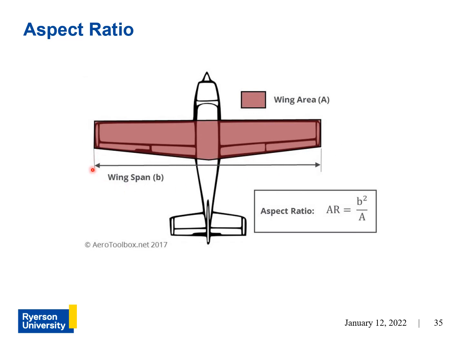So to get around that, aspect ratio can be calculated using this formula instead, which returns the same units. So instead of just the wingspan, B, you can use the square of the wingspan, B squared, divided by the wing area, A. And that gives you the aspect ratio of the wing as well.